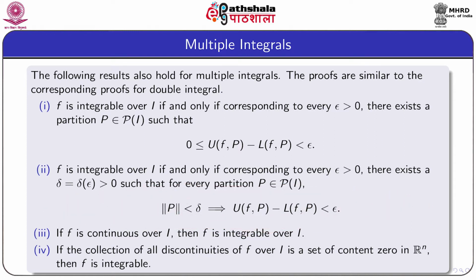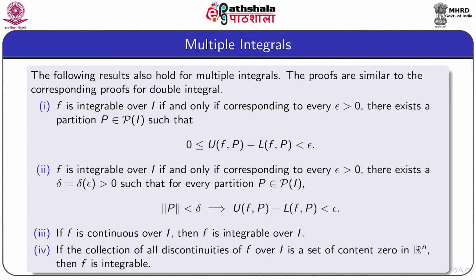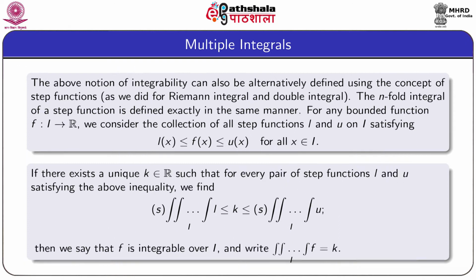Third proposition: if f is continuous over I, then f is integrable over I. Fourth one: if the collection of all discontinuities of f over I is a set of content 0 in R^n, then f is integrable. The above notion of integrability can also be alternatively defined using the concept of step functions.